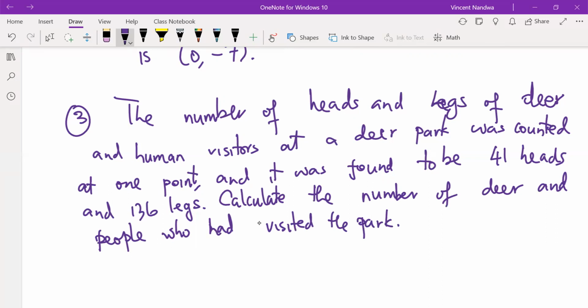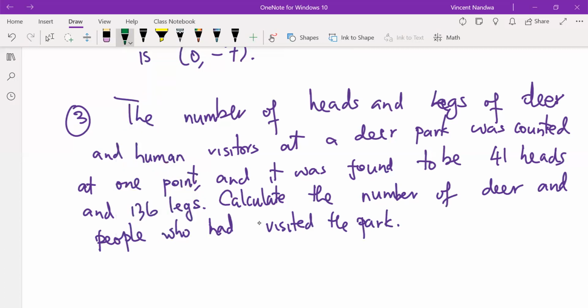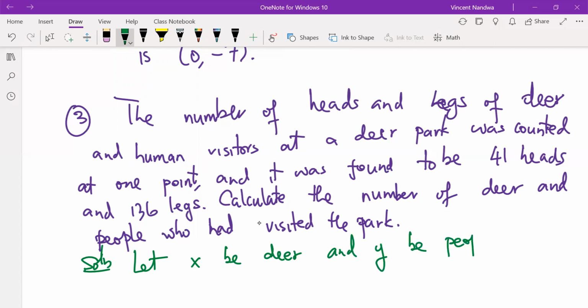So in this question, we have two main things, deer and people or visitors. So we'll say, let X be the number of deers and Y be the visitors or the people.